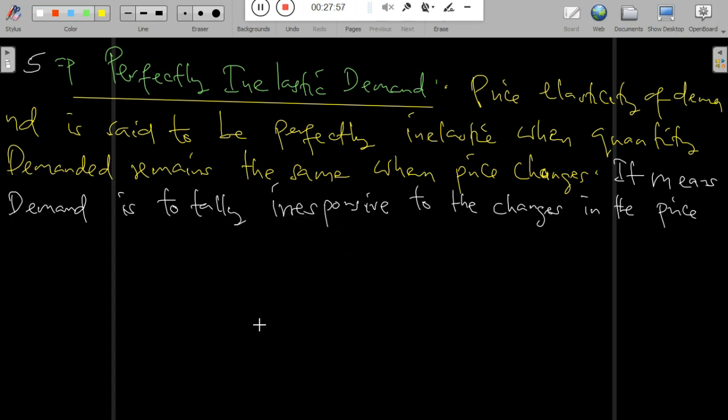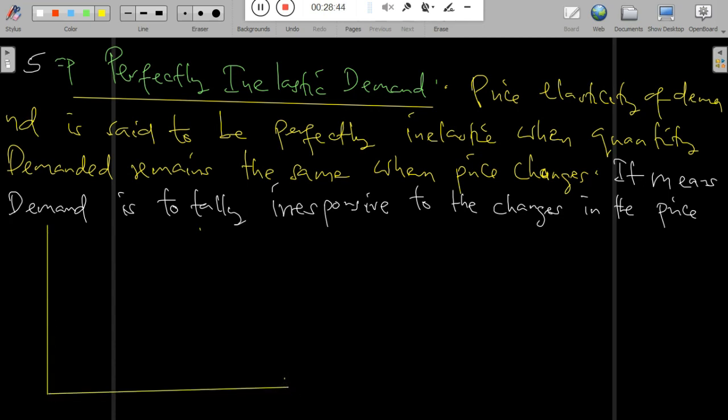Let's discuss perfect inelastic demand. The price elasticity of demand is said to be perfectly inelastic when the quantity demanded remains the same when the price changes.